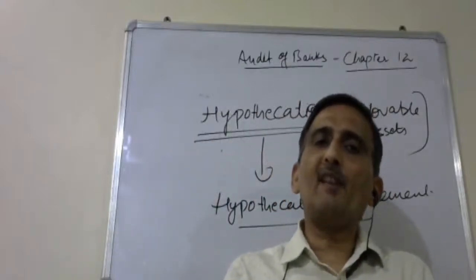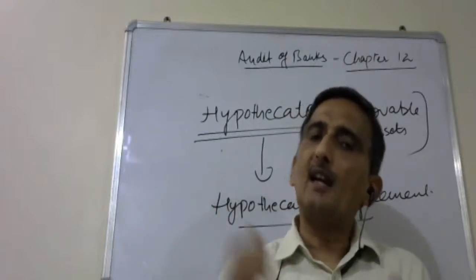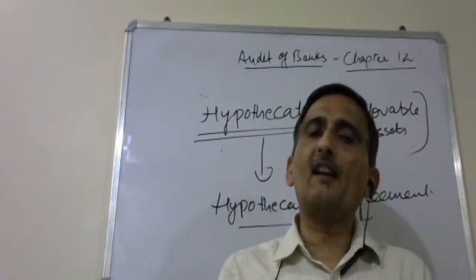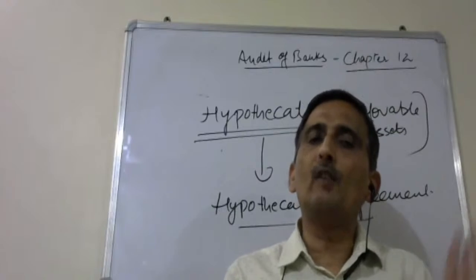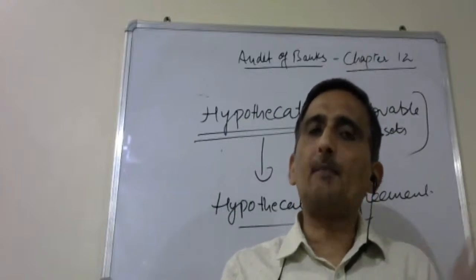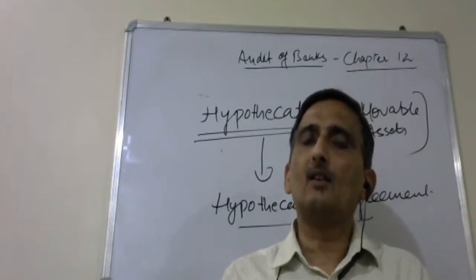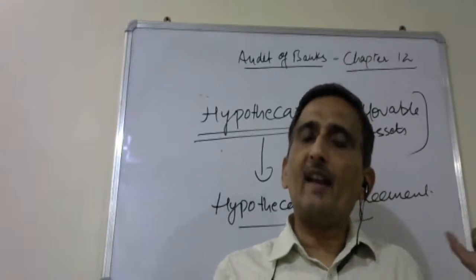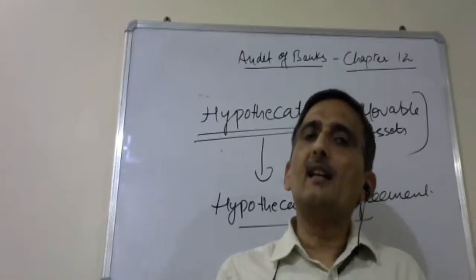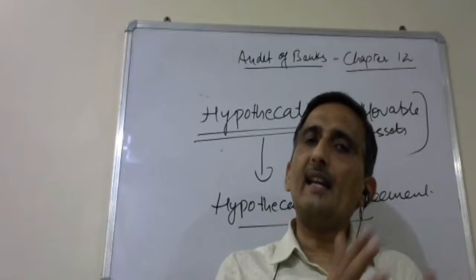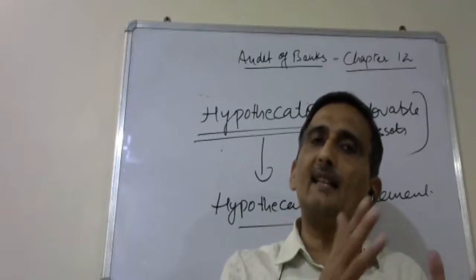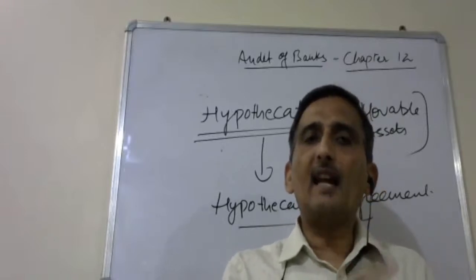The difference between hypothecation and mortgage: hypothecation is in respect of movable assets, and mortgage is in respect of immovable assets. When the mortgage is done, the original title deeds are given to the bank.